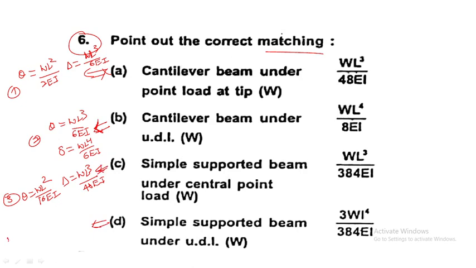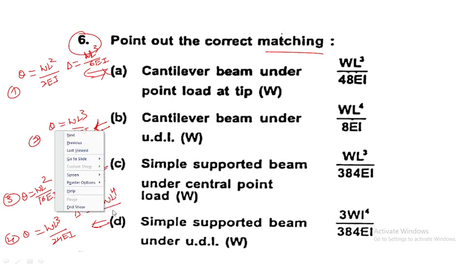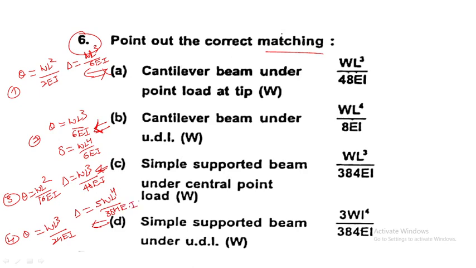Fourth answer is what? Simply supported beam under UDL, WL cube divided by 24 EI. This is the slope, and deflection is 5 WL raised to 4 divided by 384 EI. So all these formulas you have to remember.